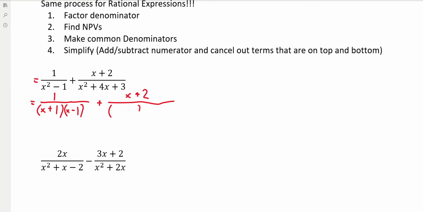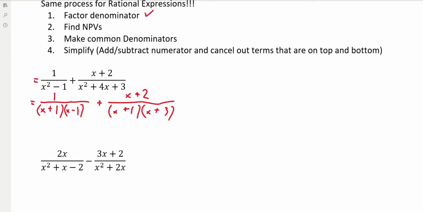This one is going to be the PSA method, product sum answer, so we're looking at the 3. What two numbers multiply to get 3? Well, it's 3 and 1. And then we have to get two numbers that add to get 4. So 3 and 1, if we add both of them, yes, that will get 4. So now we finally have a factored denominator, step 1.